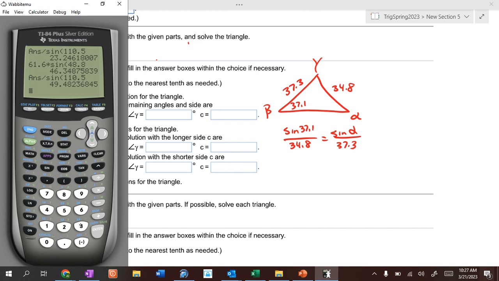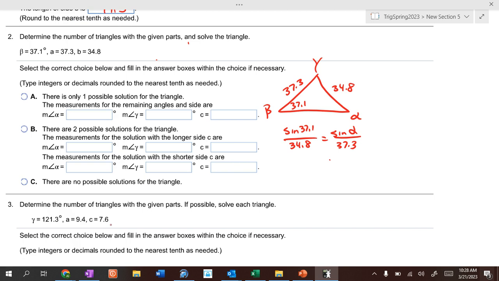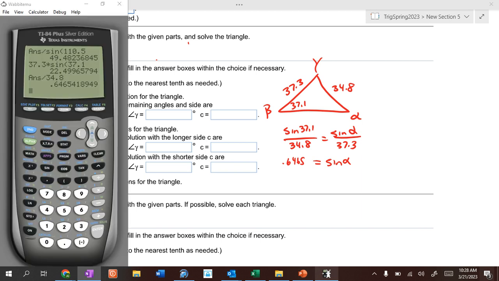So on the calculator, 37.3 times the sine of 37.1 divided by, not the sine, divided by just straight 34.8 is 0.6465. So then, to get alpha alone, we move the sine to the other side, so it becomes the inverse sine. So we take the inverse sine of the answer, and we get 40.3.